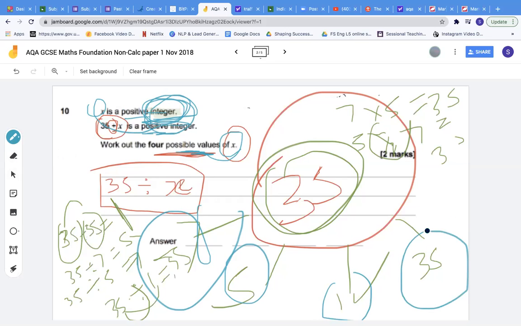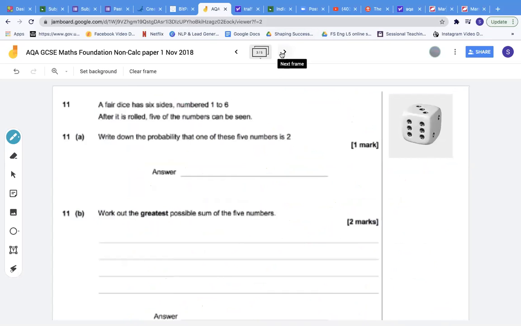They are all positive values of x, and they're all positive integers too. Well done. We didn't spend that long with that question. You are getting 2 valuable marks there, aren't you? That's really valuable marks.